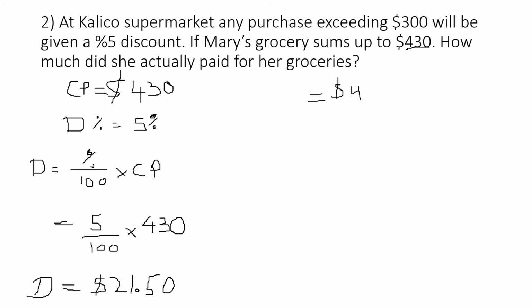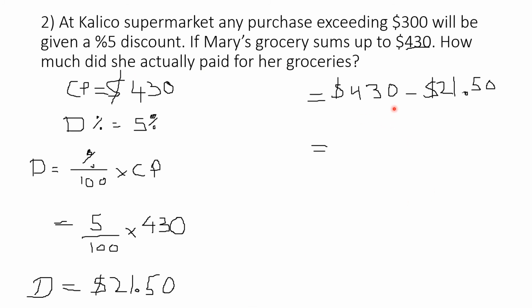That will be $430 minus the discount. Because remember, the discount is how much they take away, how much you have to pay less. You could go back to that first video when we defined all the key terms. So we have 21.50. So this will basically be answering the main question: how much did she actually pay for the grocery?